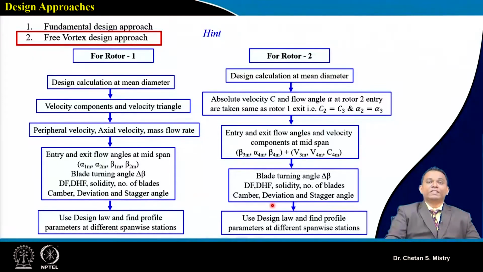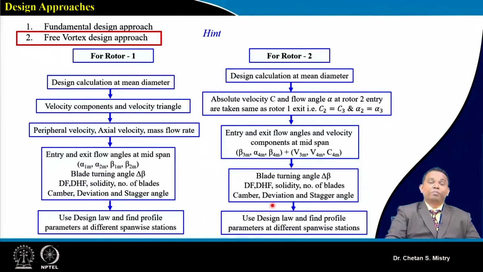For the free vortex design method, the design procedure will be similar to what we discussed for the fundamental method till the midsection. So we will not repeat those calculations we have done for the midsection. We know that for a low speed configuration, we do our calculation for the midsection at 50% of span.